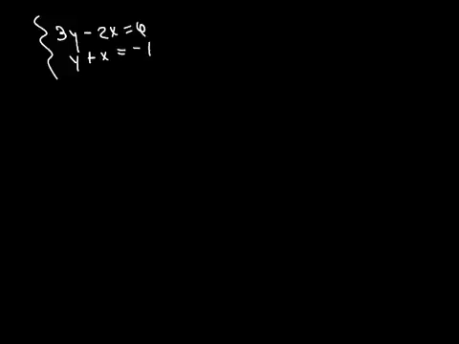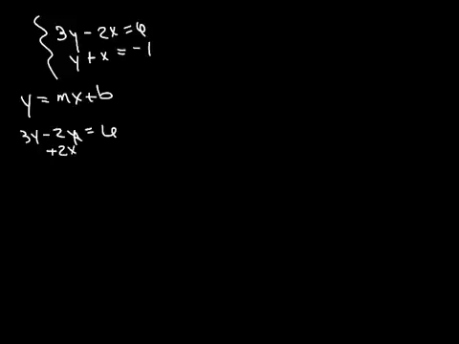So what you have to do with these, first of all, is change each one of these equations into slope-intercept form. So let's take 3y minus 2x equals 6 and set it up into y equals mx plus b.